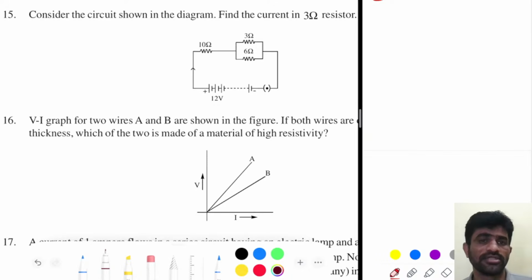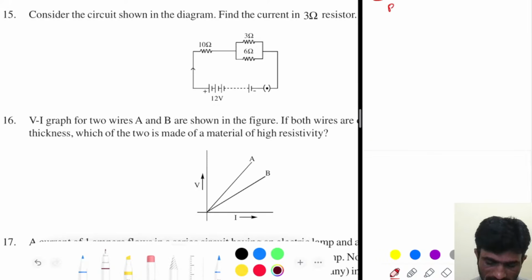First we have to find out the total resistance. How can we find total resistance? First 3 ohms and R1. Let us take R1 is equal to 10 ohms, R2 is equal to 3 ohms and R3 is equal to 6 ohms.